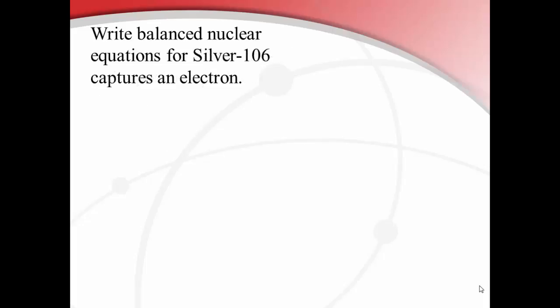Write a balanced nuclear equation for silver-106 capturing an electron. So we start with 106 for the mass and 47 for the atomic number. Now we're going to capture an electron. So we're going to have the electron on the reactant side, plus the electron with a mass of 0 and a charge of -1, makes the new element. Now, 106 plus 0 must equal the mass on the right-hand side.